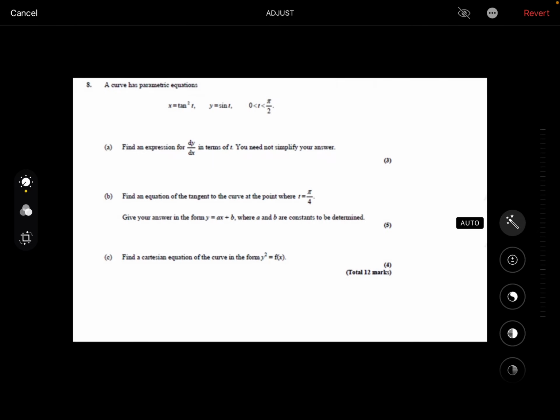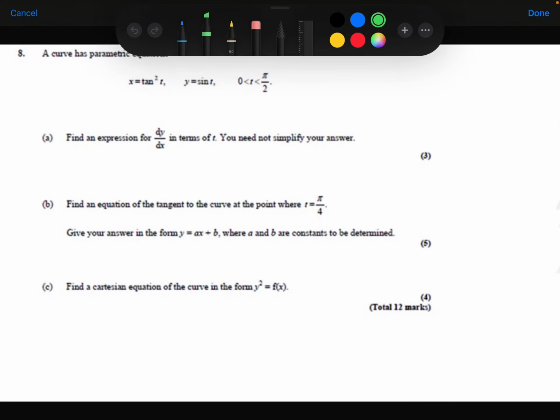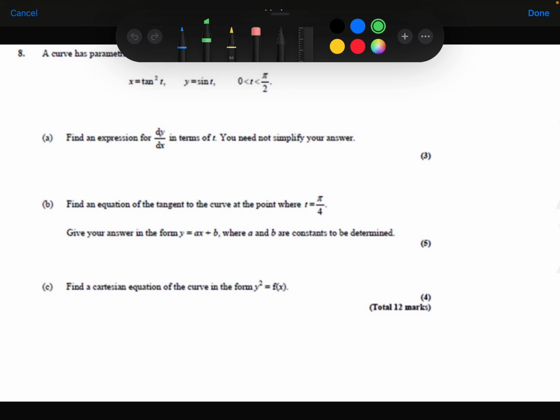Moving now to part C of this question. Find a Cartesian equation of the curve in the form y squared equals f of x. So I need to eliminate the t's. I need some trigonometric identities that are going to allow me to link these two formulae together to get y squared in terms of x.